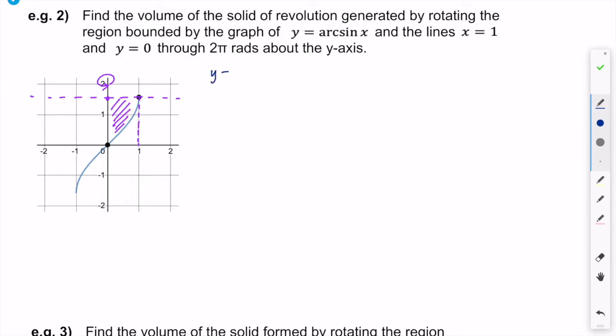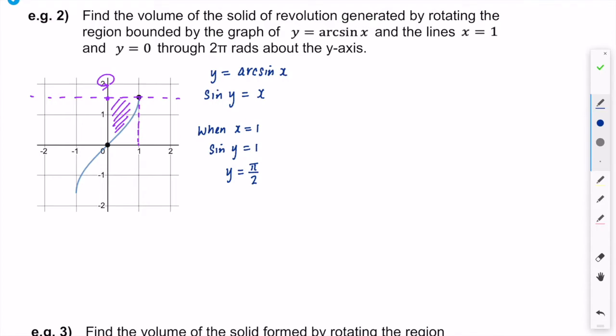First, I have y equals arcsine x, meaning that sine of y is equal to x. Okay, and so here is my first function, and then I also need to know my cutoff point for the integration interval. So when x is equal to 1, I have sine y equals 1, and then y must be pi over 2, because the graph also shows that that is the range of this arcsine function.